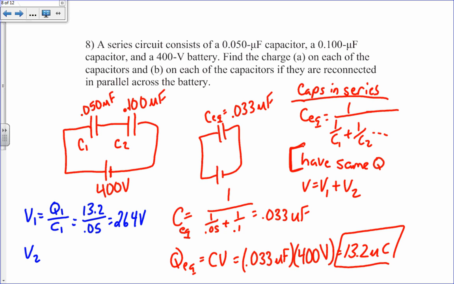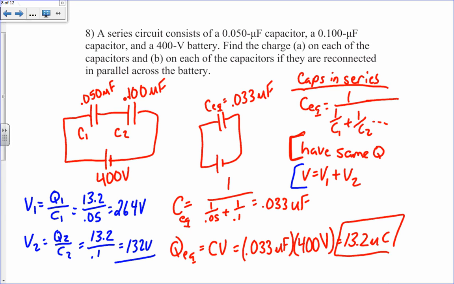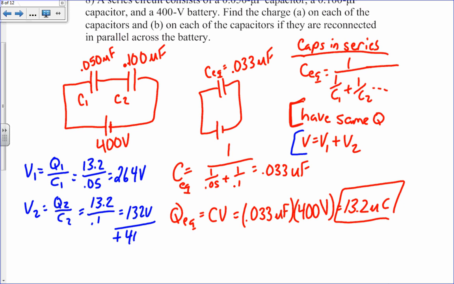And likewise, V2 is Q2 over C2. It's going to be 13.2 over 0.1, which is 132 volts. If you add 264 and 132, they should add up to give you 400, and they do, within rounding errors.